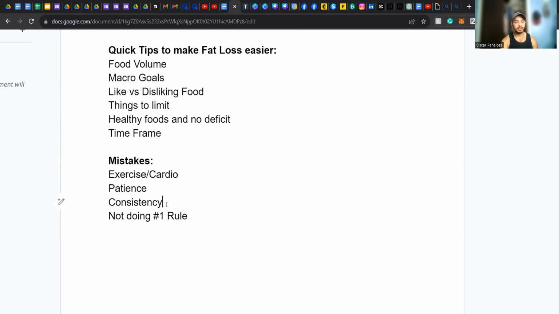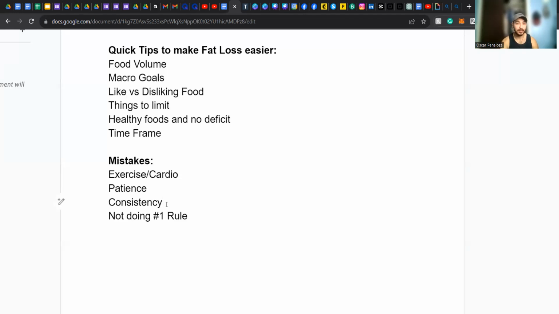And like I said before, consistency: how often are you sticking to your plan? How consistent are you being day to day, week to week, month to month? If you're having days where you're going off plan, that's okay, if we plan ahead of that, if we plan it into the plan. But going off of it because you had an off day, or maybe you overindulged one day, that's going to set the timeline off.